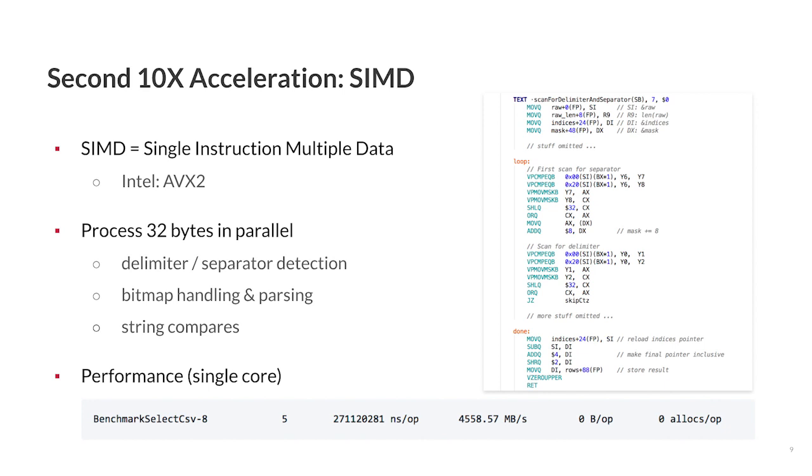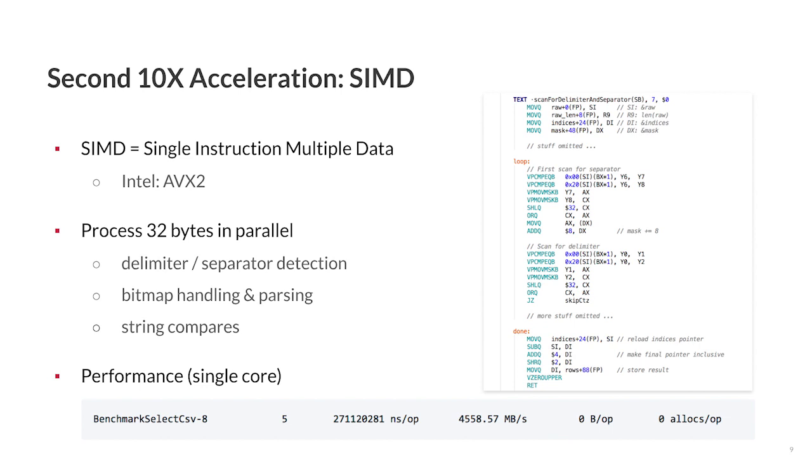If you integrate this, you can nicely accelerate, for instance, delimiter or separator detection operations, as well as various bitmap operations in terms of handling and parsing. Stuff like string compares or number compares, you can do in parallel as well.